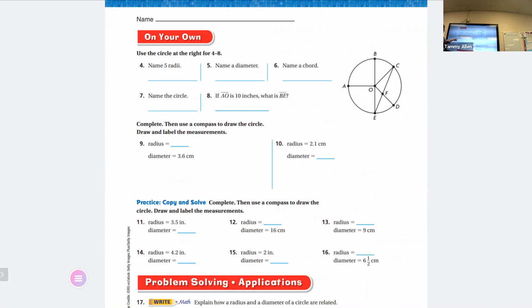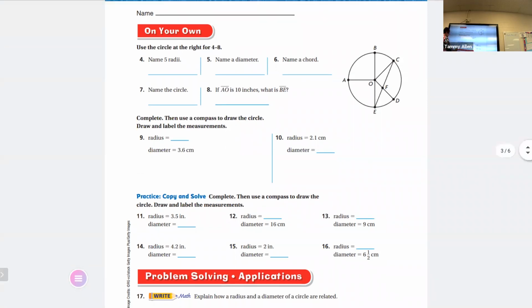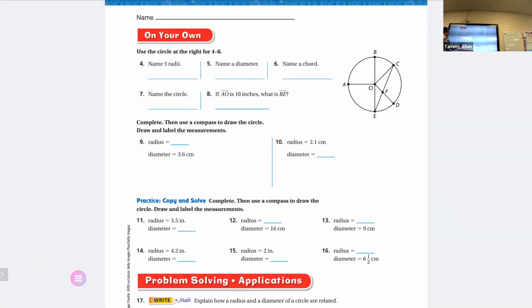Let's take a look at this. What formula would we use if we know the diameter and we're looking for the radius? Abby? What would our substitution be?